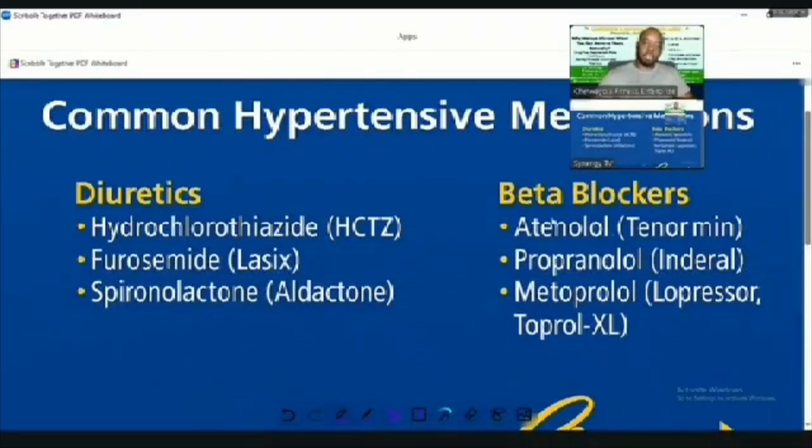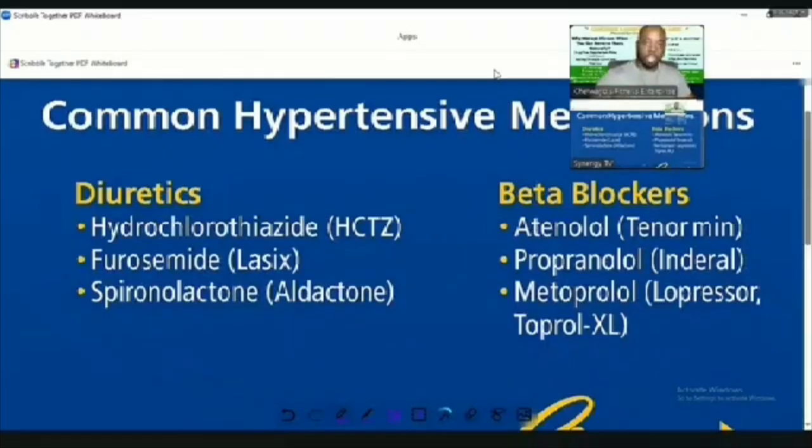Then you have the beta blockers. The beta blockers reduce your adrenaline, more so norepinephrine. So it reduces the stress response of the body, and therefore reduces your heart rate and your blood pressure.